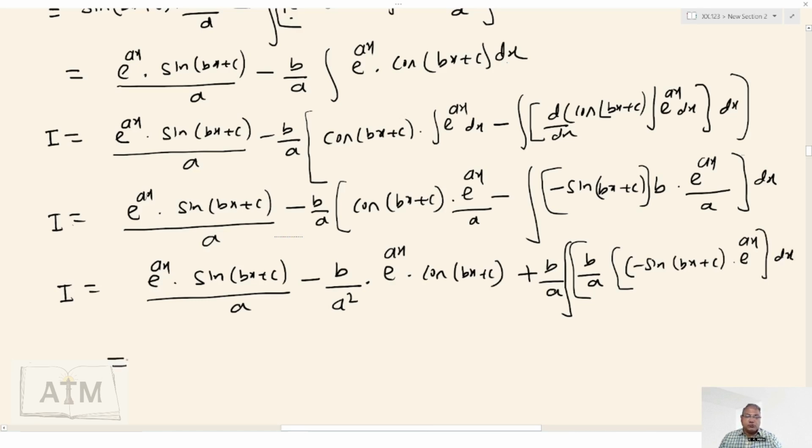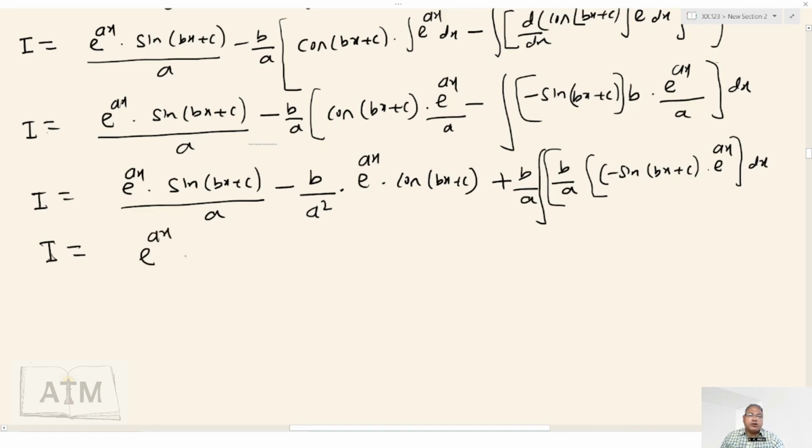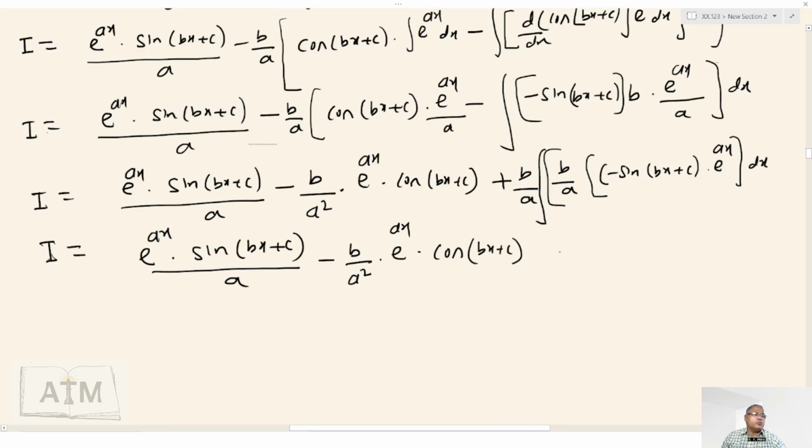This equals e^(ax) sin(bx+c)/a, this part is as it is, minus b/a² into e^(ax) cos(bx+c) as it is. Now opening the bracket, b²/a² integration of e^(ax) sin(bx+c) with respect to x.